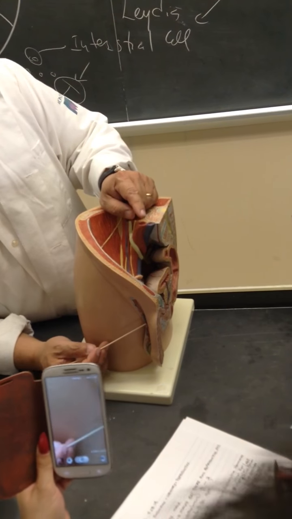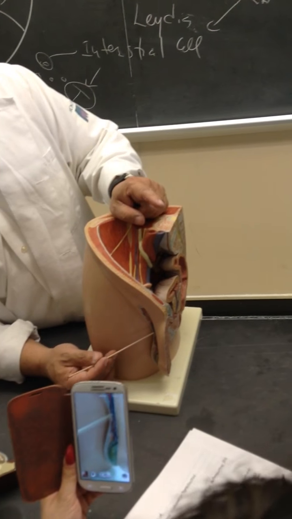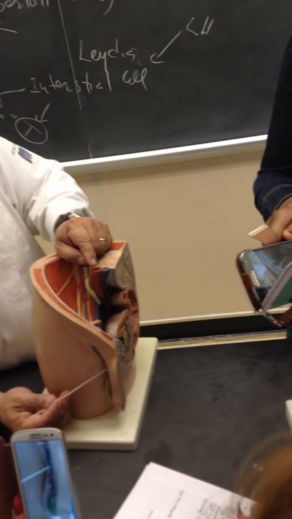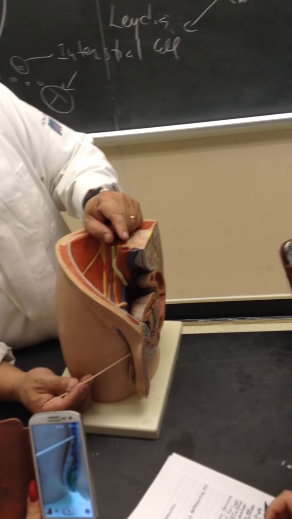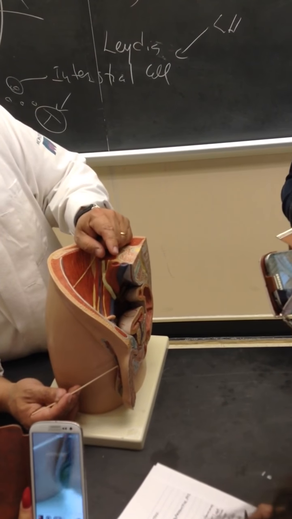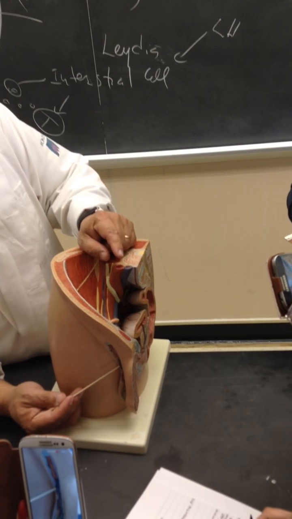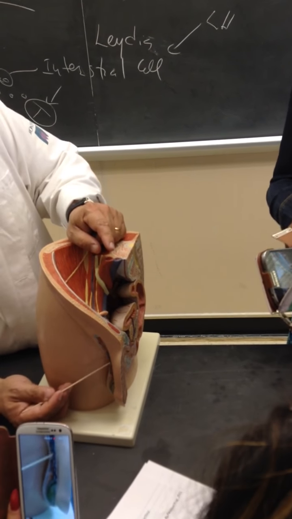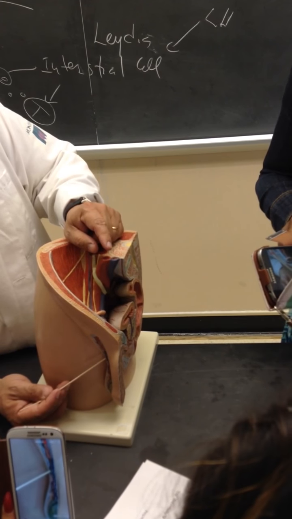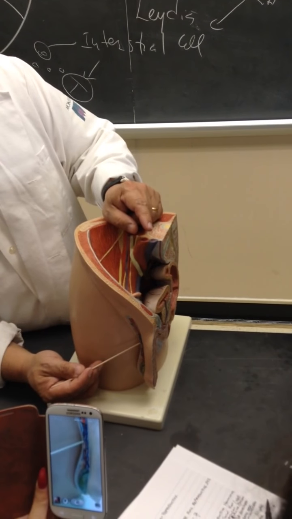Two, the testicular artery, or we call it the gonadal artery if you don't want to distinguish the sex, the testicular vein, as well as lymphatic vessels. All travel in the spermatic cord.